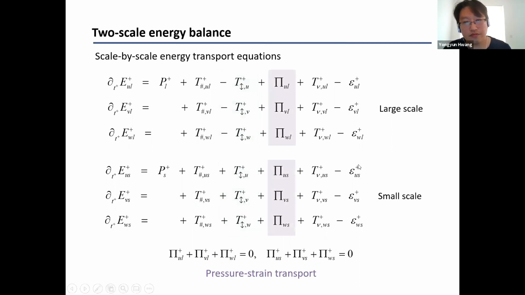The next term is related to pressure, and the pressure term is also very important because, using the continuity, it satisfies this property: the summation of the three components is always 0. This has important physical implications because its role is to distribute energy coming from the streamwise direction to the other components.